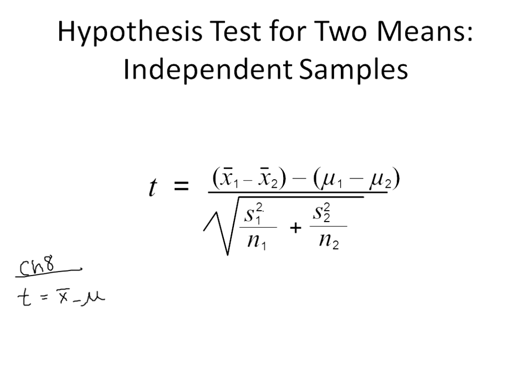It was t, and then it was the mean from our sample minus the mean from our population, well, that's the one under the null hypothesis, and then divided by the square root of S over N. I think that's what it was. I don't have my formula card with me, but it's right here. All right, so that was our test statistic back from Chapter 8.